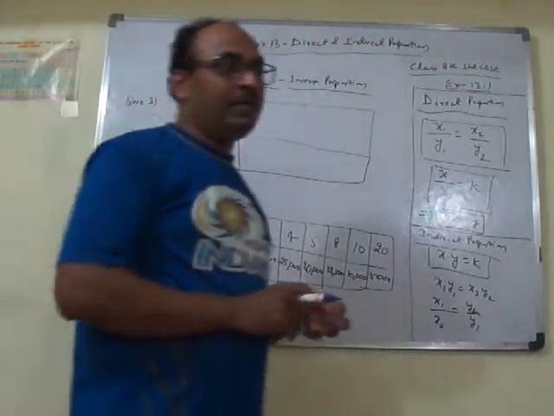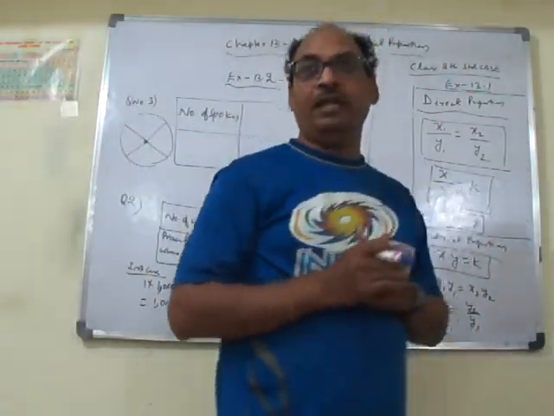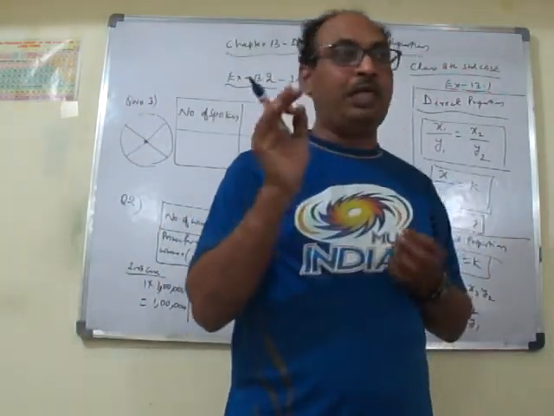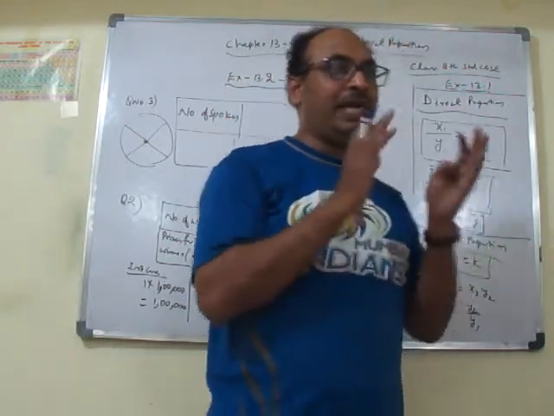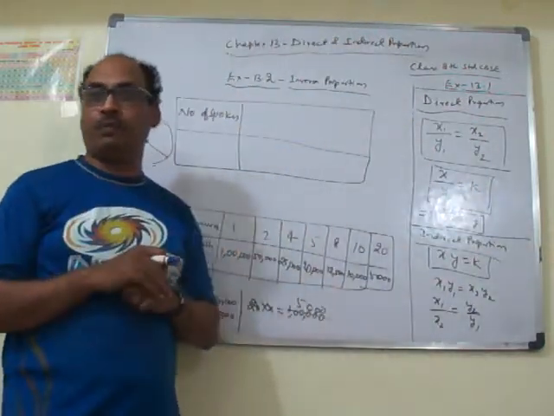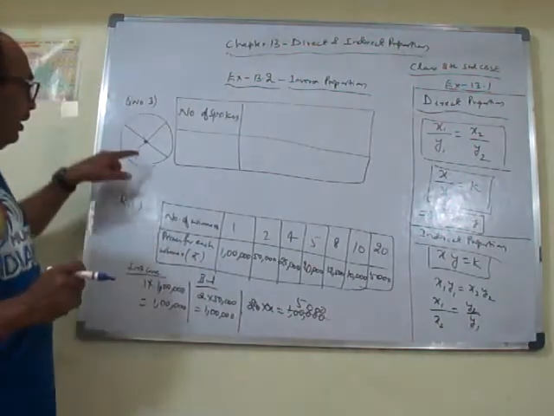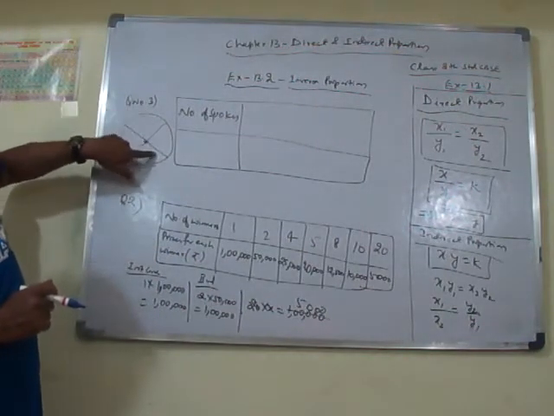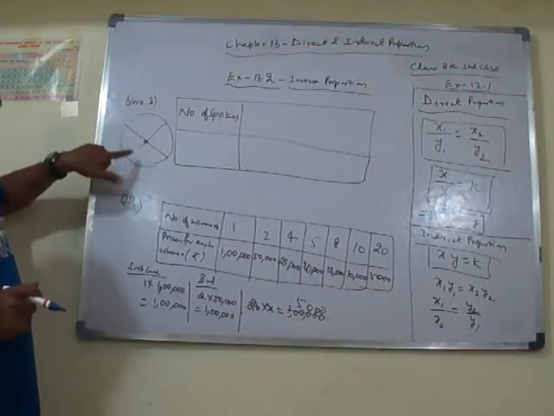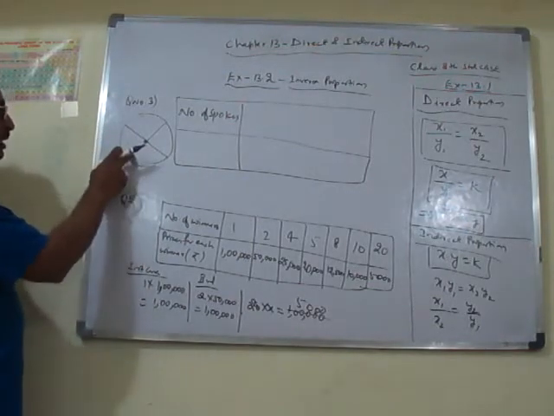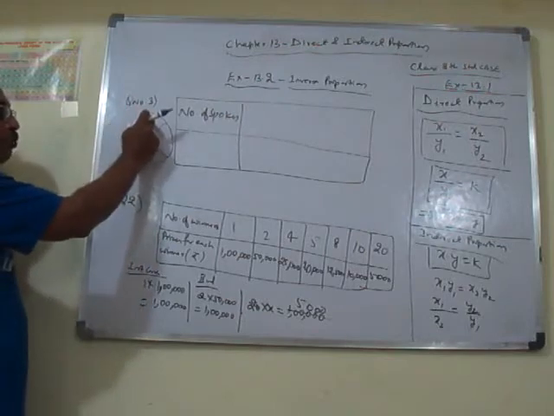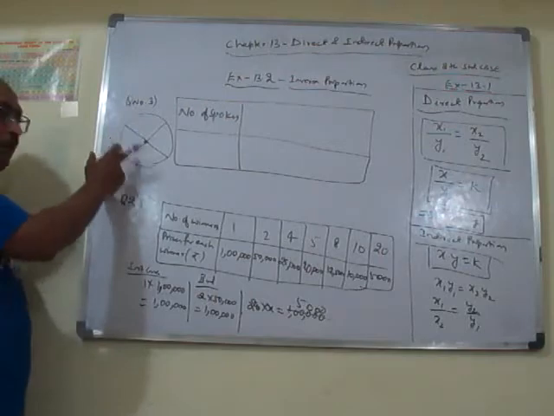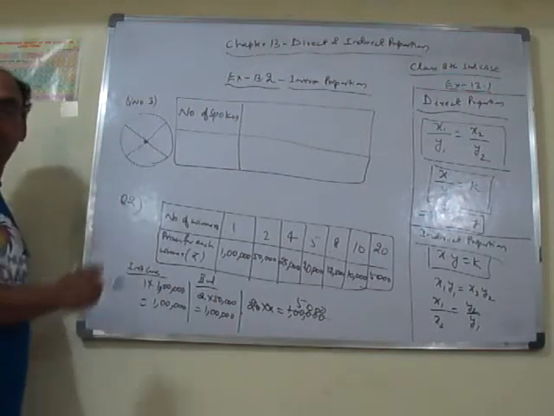Right? Okay. So Rahman is making a wheel using spokes. He wants to fix equal spokes in such a way that the angle between any pair of consecutive spokes is equal. Consecutive means, for this spoke, the consecutive one is this one or this one, not this one. If you are moving clockwise, then this one becomes its consecutive. If you are moving anti-clockwise, then this one becomes consecutive.